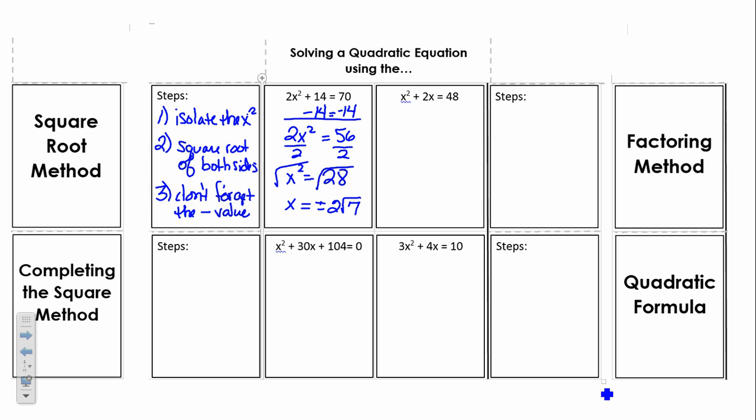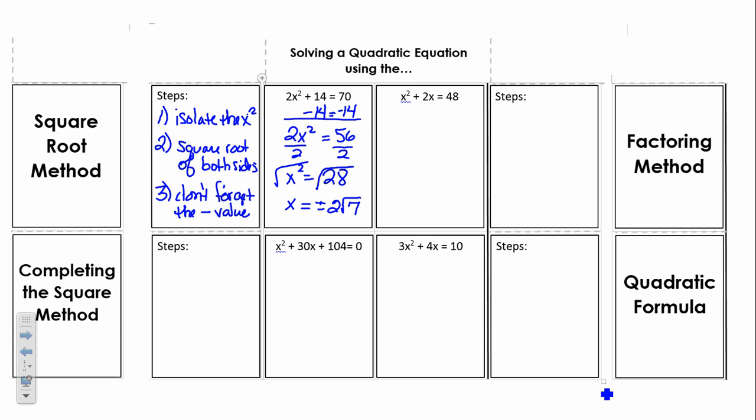Factoring method. If we're going to factor x squared plus 2x equals 48, what's the very first step of that one? Bring 48 to the other side.